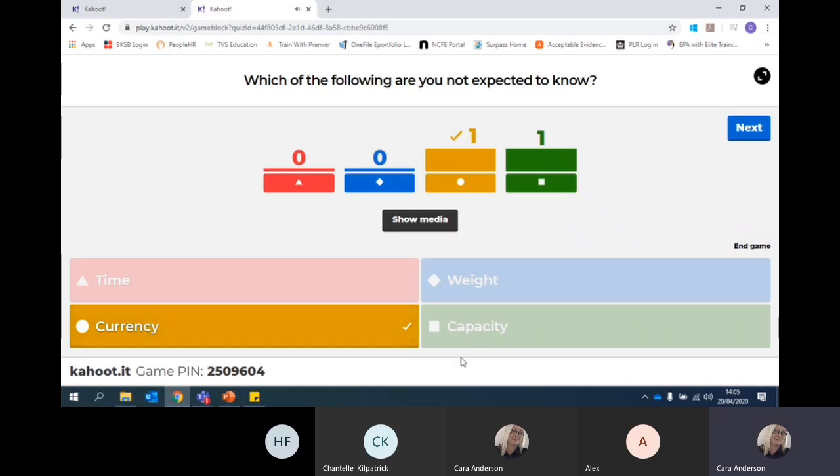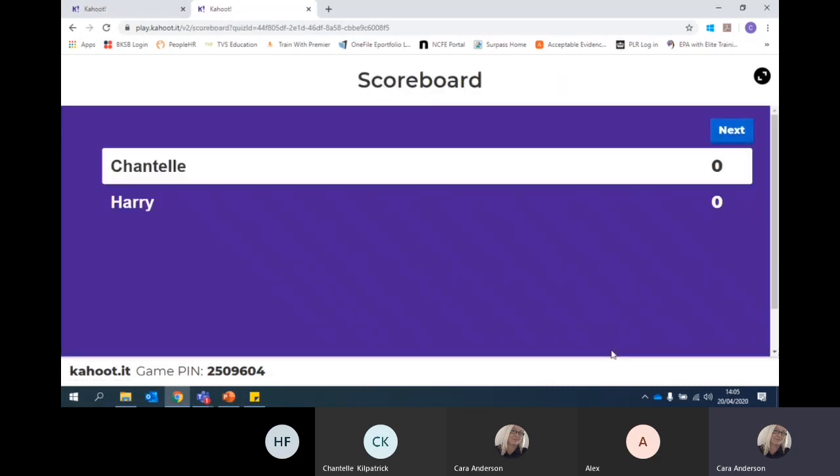You're not expected to know currency because it's a variable amount. So they'll always give you a key, whereas you're going to be expected to know time and how many minutes are in an hour. You're going to be expected to know weight, how many grams are in a kilogram, and capacity. Well, weight and capacity are the same thing. Okay, so you've got that right. Well done, Chantel.